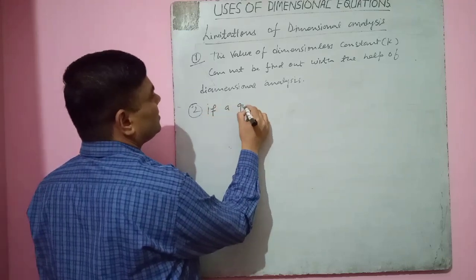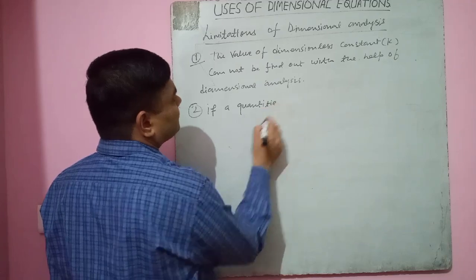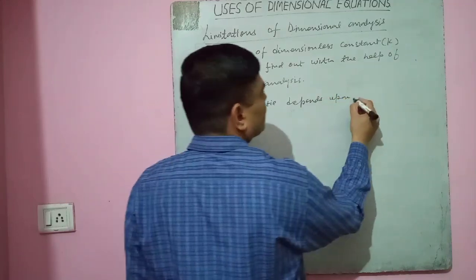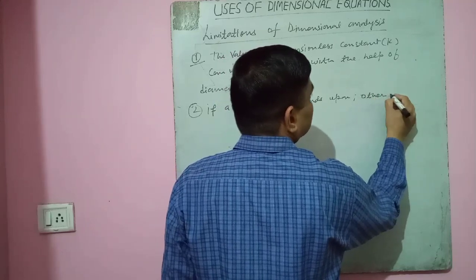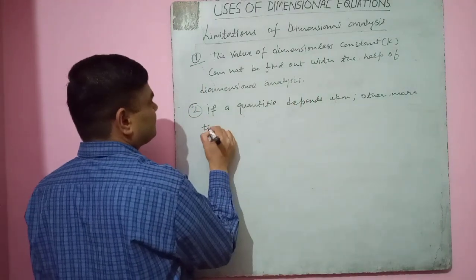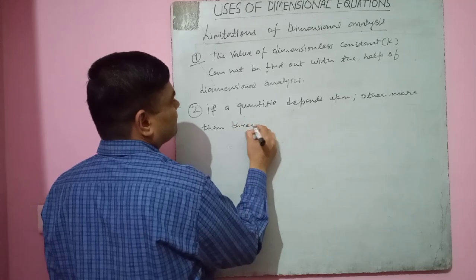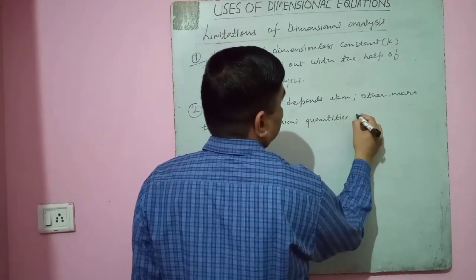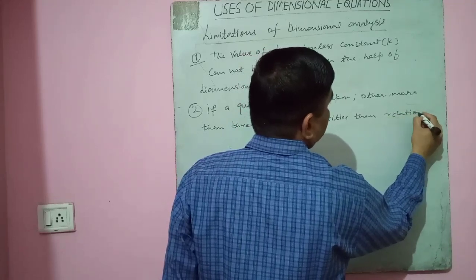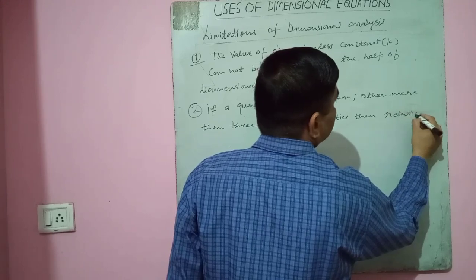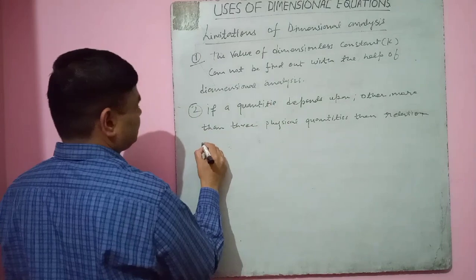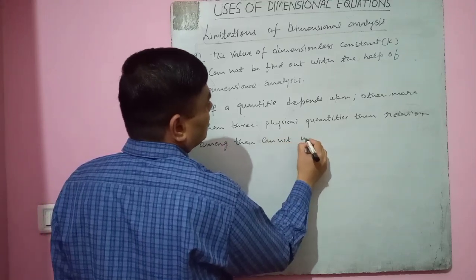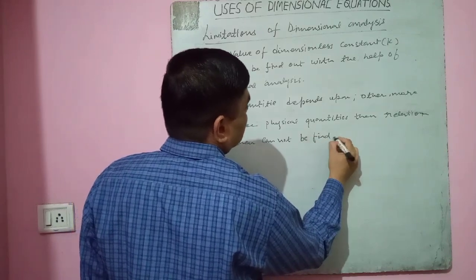If a physical quantity depends upon more than 3 physical quantities, then the relation among them cannot be found out.